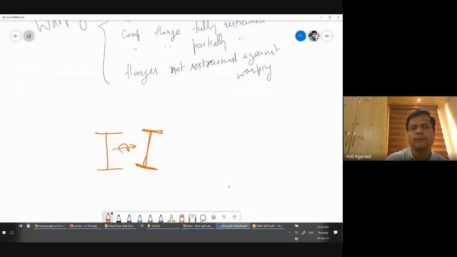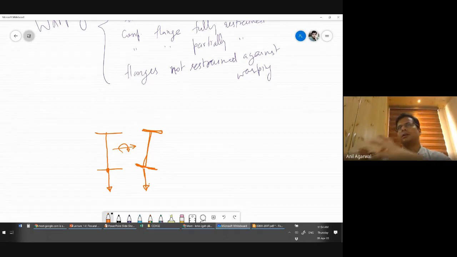So if the load was acting here, for example, that load would be acting here now. So the load would be acting here now, right? If the beam wants to turn this way, and you think of the centroid of this beam, the tendency of the load would be to bring it back to the vertical position.